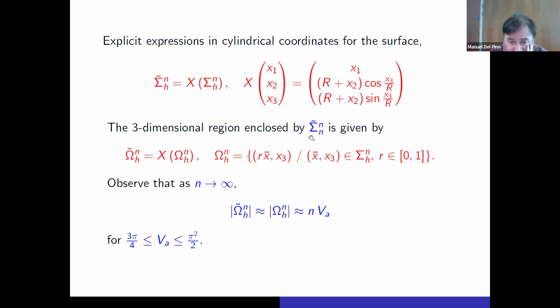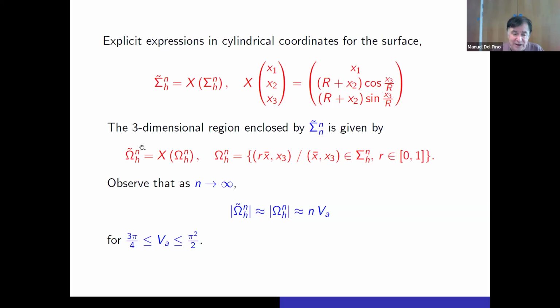So the three-dimensional region enclosed, I will call it sigma tilde NH, and this is by definition the three-dimensional region enclosed by this sigma tilde. Remember, tilde is the twisted guy. And the thing without the twist, the straight Delaunay perturbed, is this guy, sigma, but without any tilde.